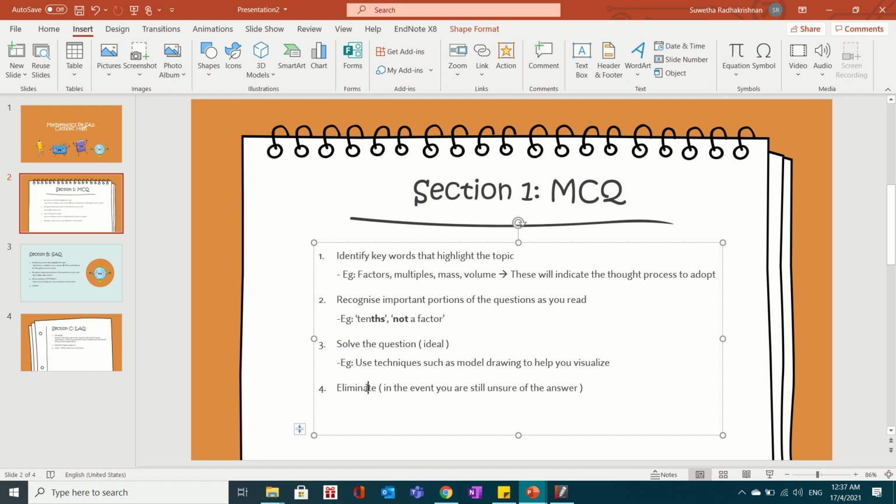Ideally, for any math paper, our main aim or focus is going to be to solve the question, just so we can make sure that our answers are accurate and correct. And in the event that we are not able to solve the question, one should realize that you should not spend too much of time on it during the math paper, but instead move through elimination and find the best possible answer, and then move ahead with it.